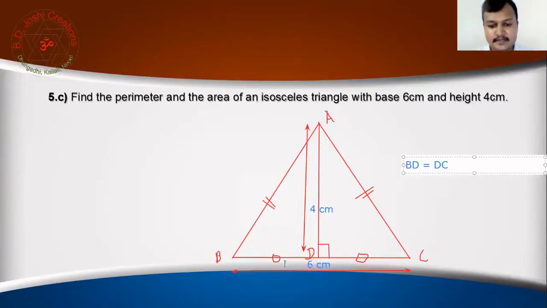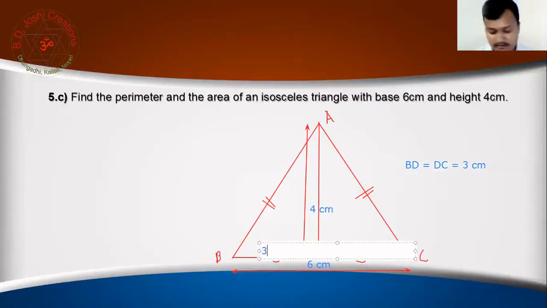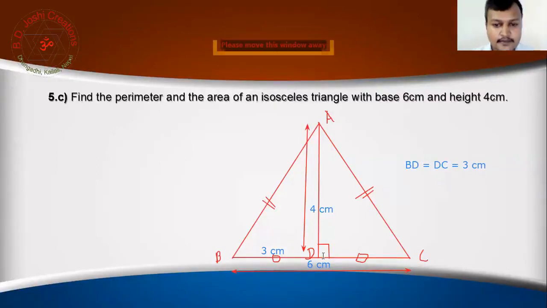BD is equal to DC means total it is 6 centimeter. So it will be half of 6 centimeter, that is 3 centimeter. This part BD is equal to 3 centimeter because it is half of BC. Now, if we know BD as well as AD, by using Pythagoras theorem, we can calculate length of AB.